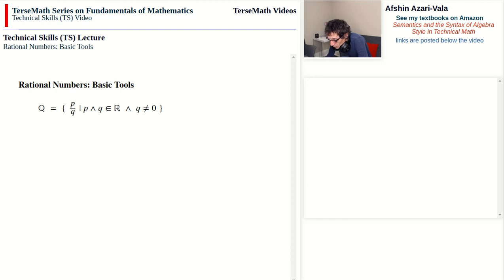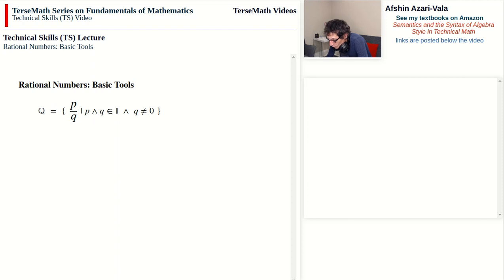Basically, rational numbers are numbers that have the form of p over q, such that both p and q belong to I, so both the top and the bottom are integers, and the bottom number is not zero. Now, I won't get into the details of why we have these conditions, other than to note that I have discussed them in an earlier video, and I refer you to that video on number systems in order to find out why the top and the bottom have to be integers and the bottom number cannot be zero.